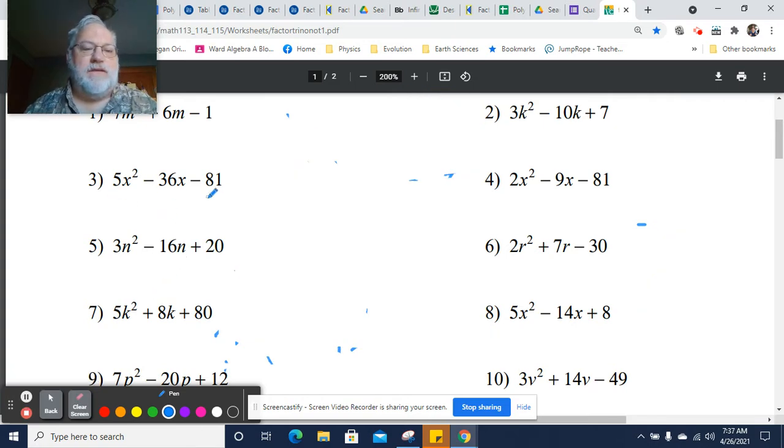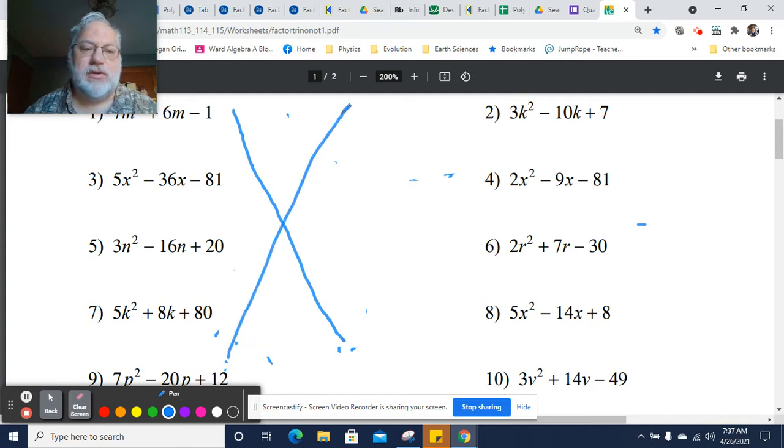Now let's take a look at 5x squared minus 36x minus 81. That's going to be a little trickier because 81 is not a prime number. I mean, 5 is, so I know probably I'll be putting my 5x in front of just one of the two factors. But I'm going to go ahead and use the old x.